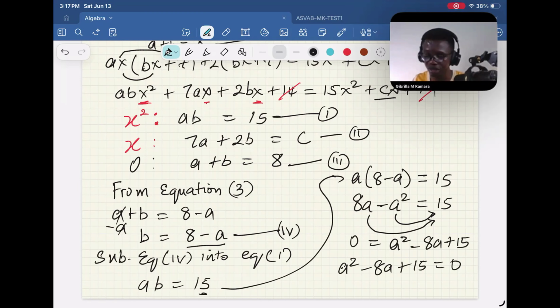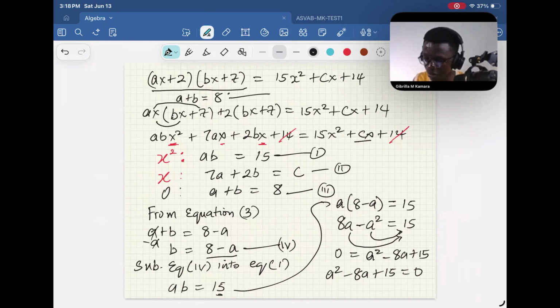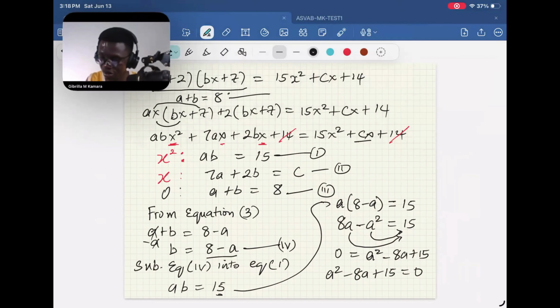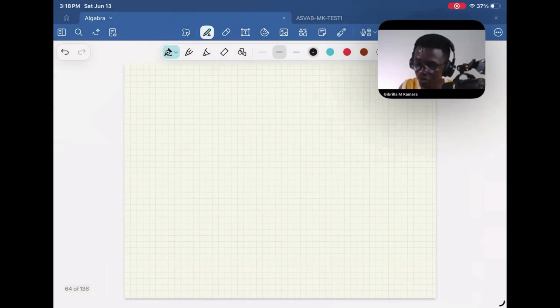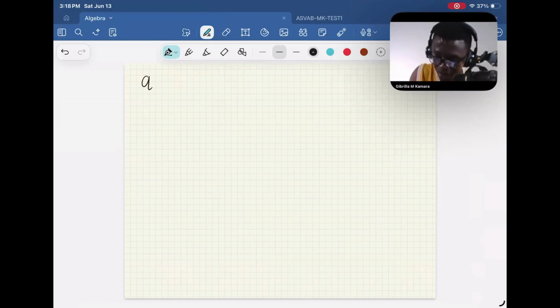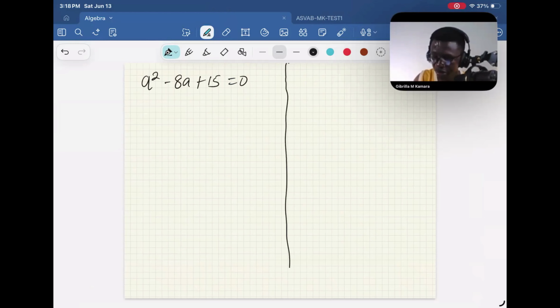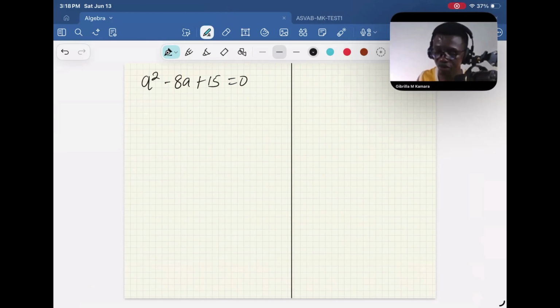So that's a quadratic equation. Now we are going to solve that. So we are going to create a new page. Remember what we have: a² - 8a + 15 = 0. You are going to think of two numbers that when you multiply them, you have positive 15, and when you add them, you get -8.